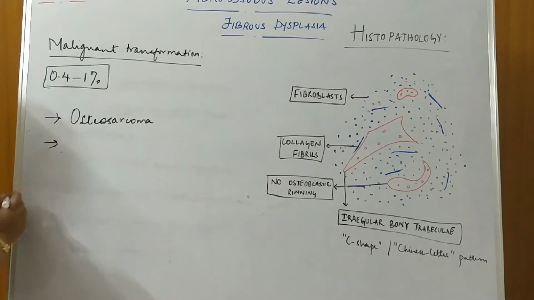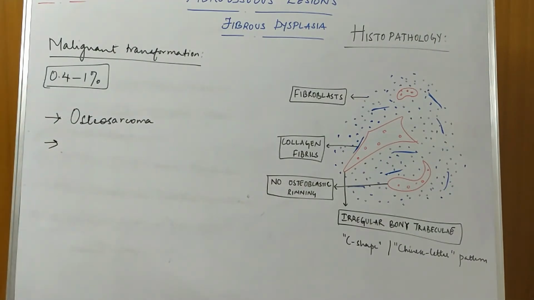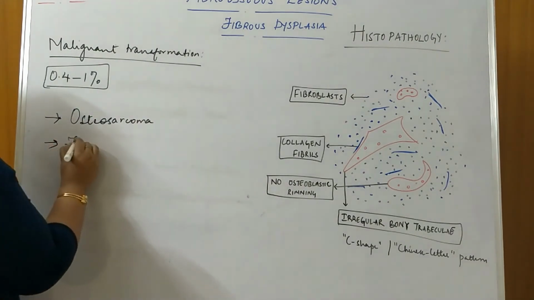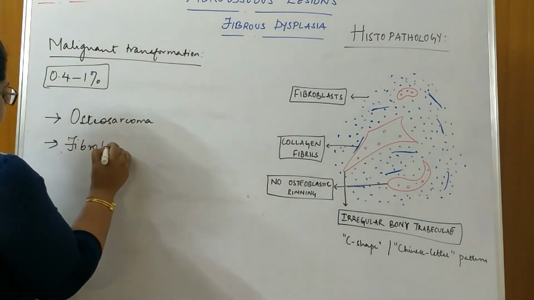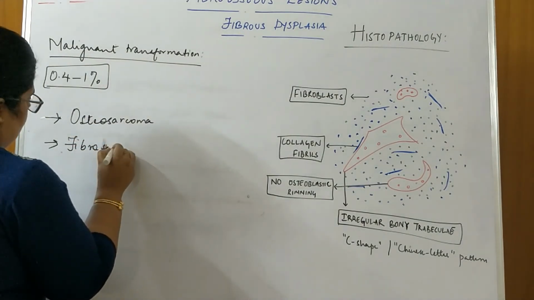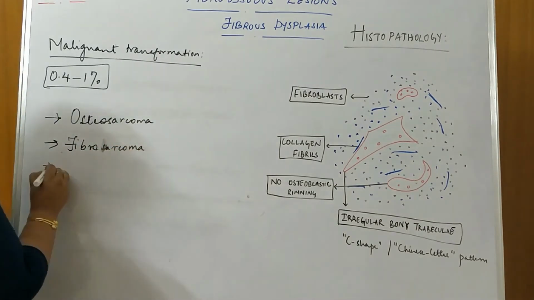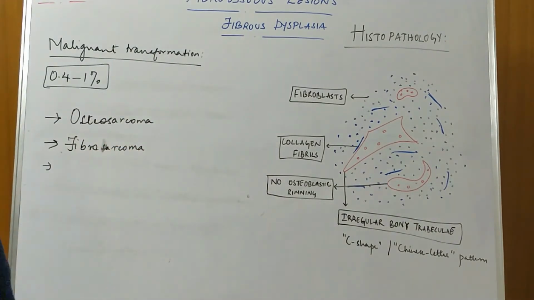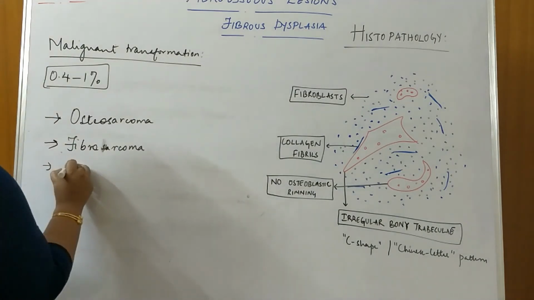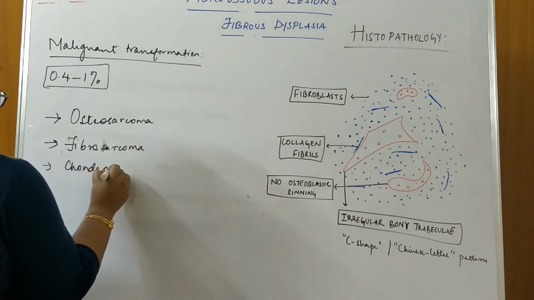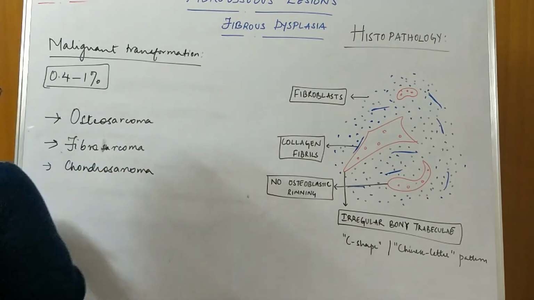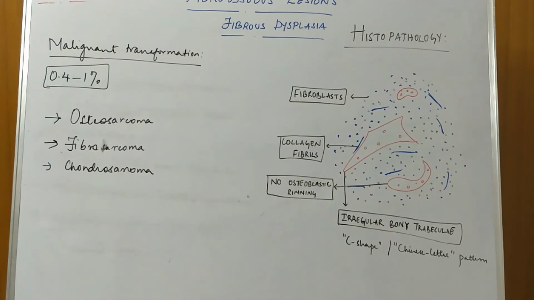Similarly, if the fibrous part is malignant, it will transform into fibrosarcoma, the malignant tumor of fibrous tissue. Then, the other mineralized tissue is cartilage, and sometimes the malignancy can be chondrosarcoma associated with fibrous dysplasia. So these are the three main malignant tumors that fibrous dysplasia can transform into.